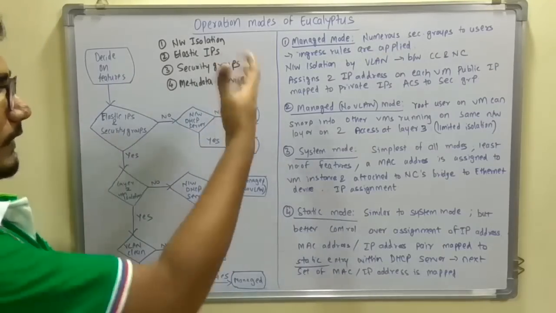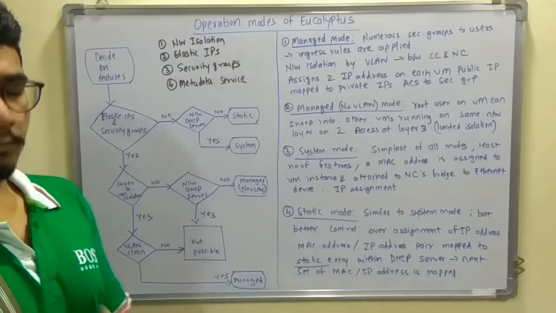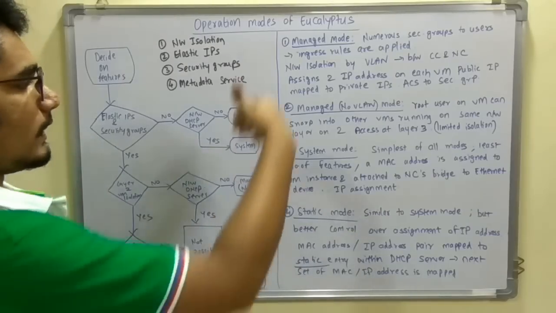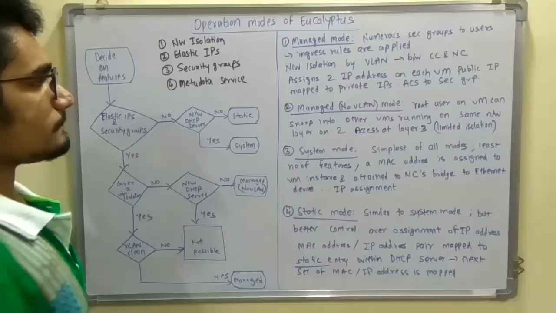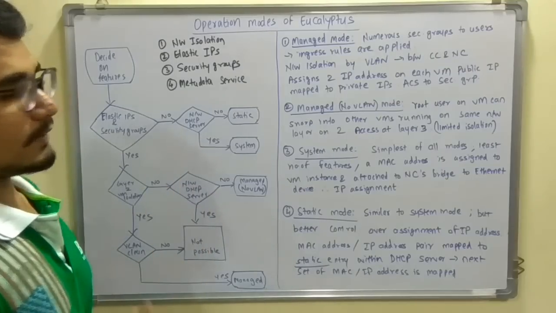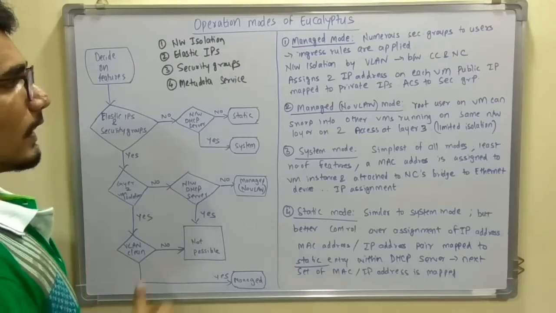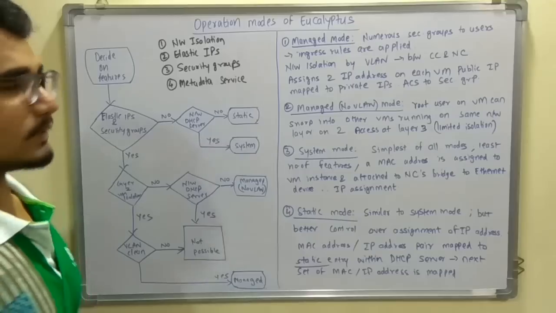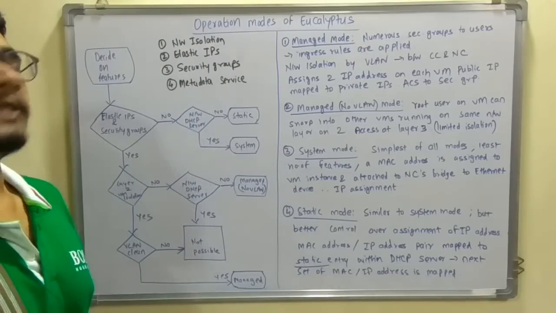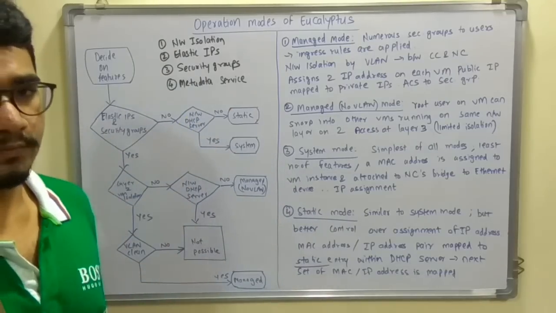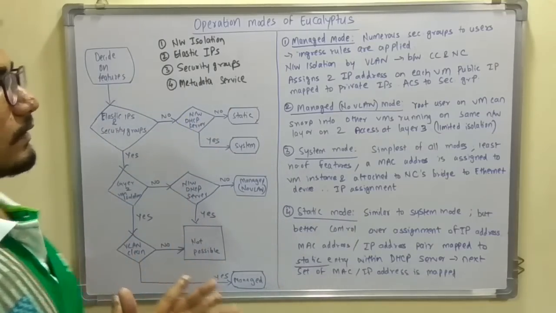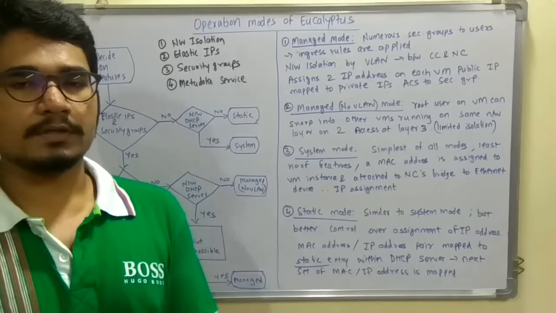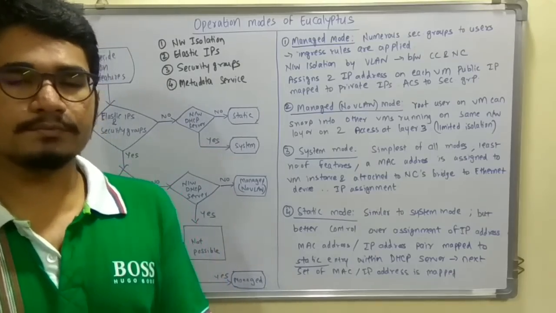The managed mode is more complex than any of the other three modes. The managed mode basically supports all four features which Eucalyptus provides, and so it becomes the most complicated one.